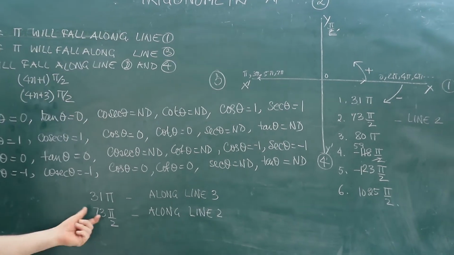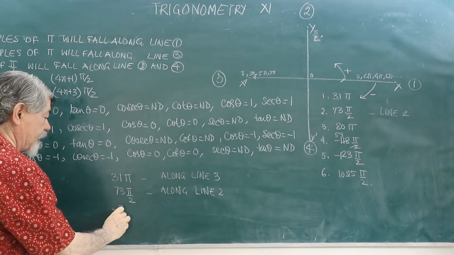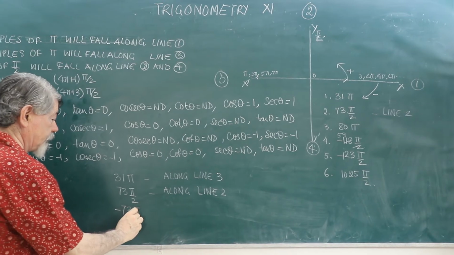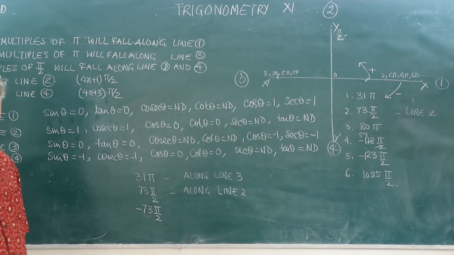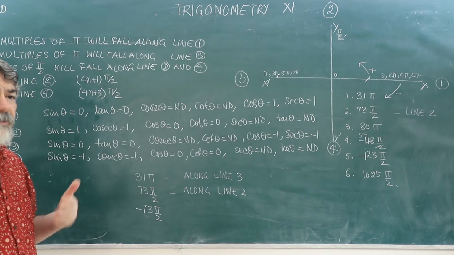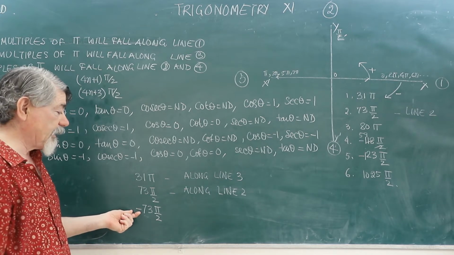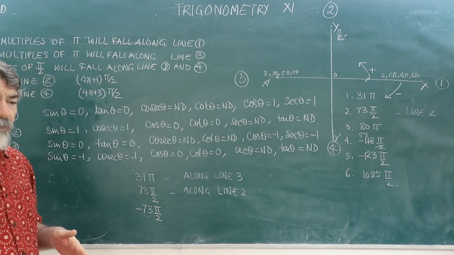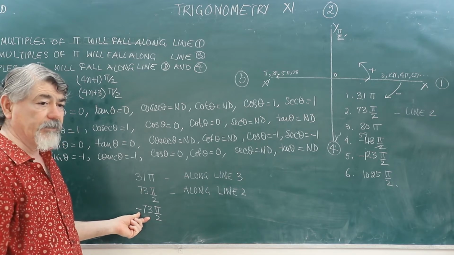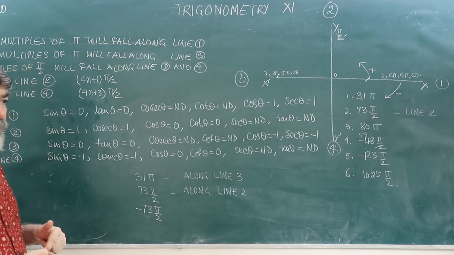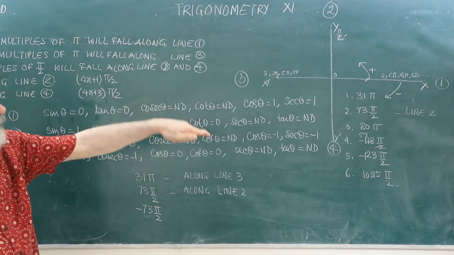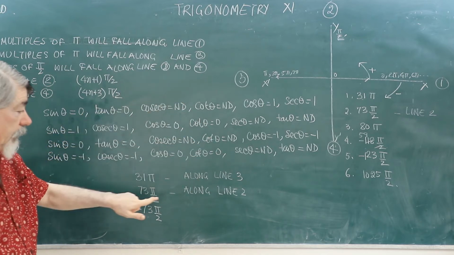One thing more, if it was negative, suppose it was minus 73 pi by 2, then forget about the minus, divide by 4, you will get again the remainder 1, but because of negativity, you change it to line 4.